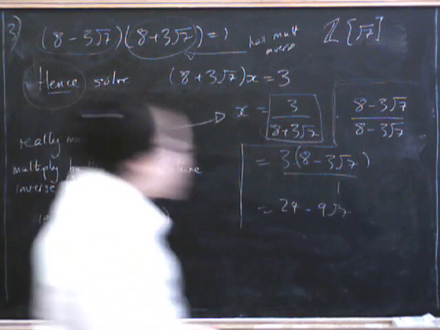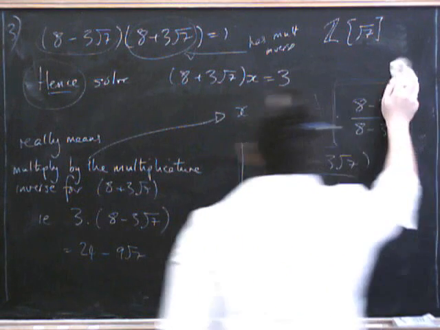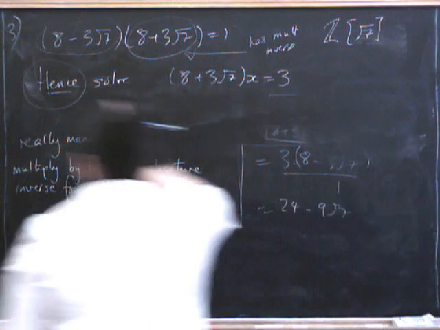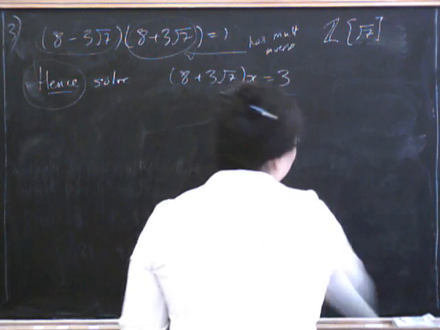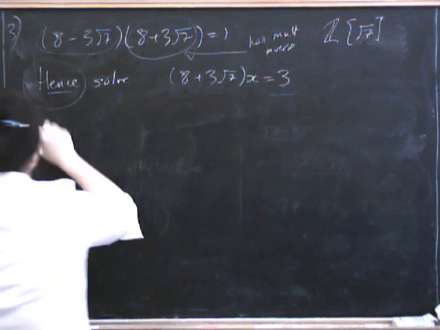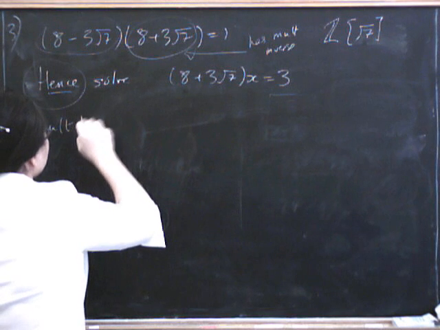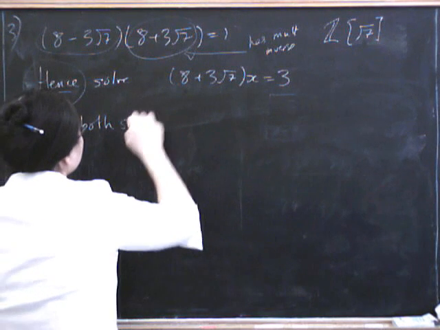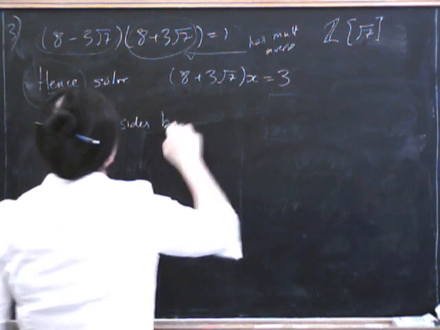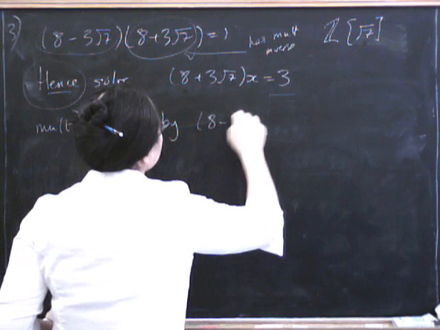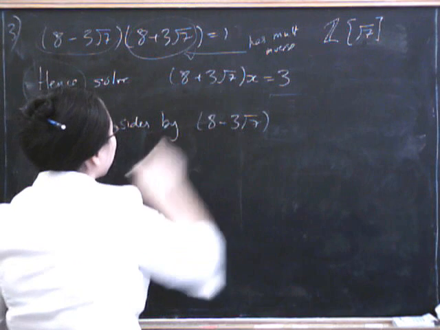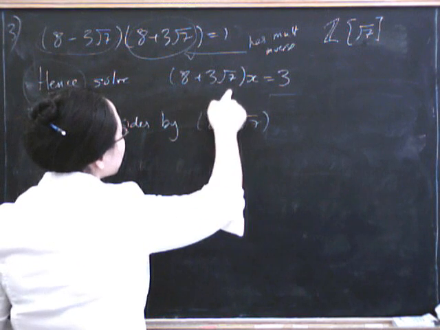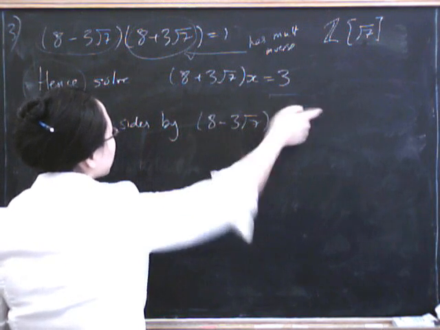Okay? So what's actually happened here is, here's another way of putting it, a much better way of saying it is multiply both sides by 8 minus 3 root 7. Okay, then the left-hand side becomes, this disappears because that's the multiplicative inverse, and that becomes 3 times it.